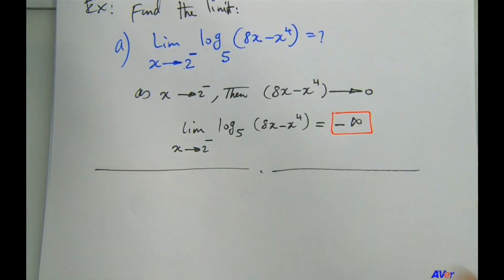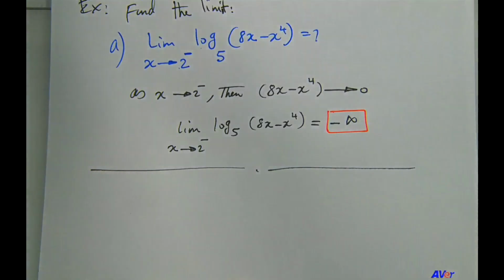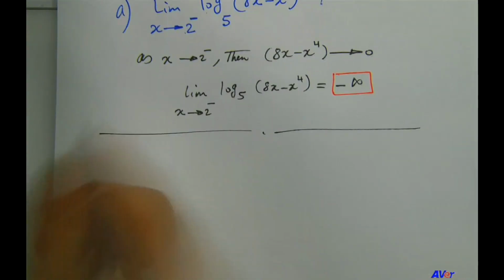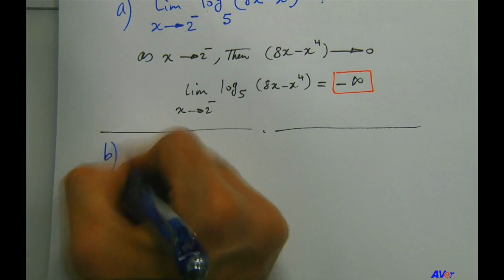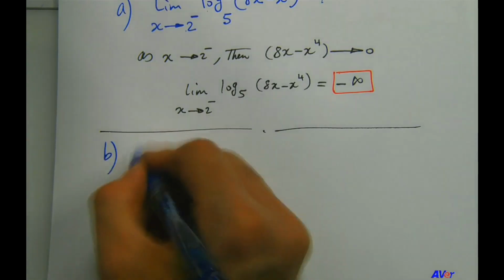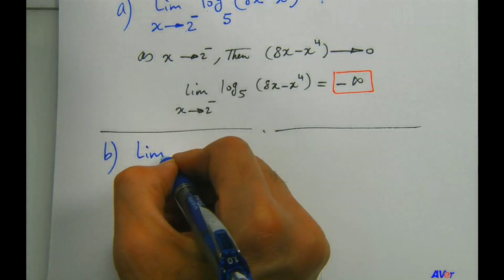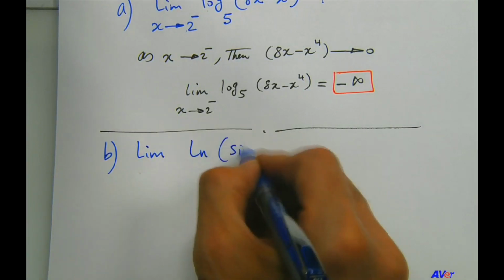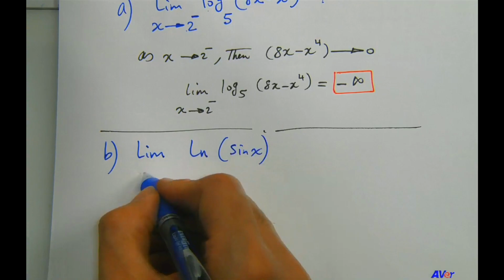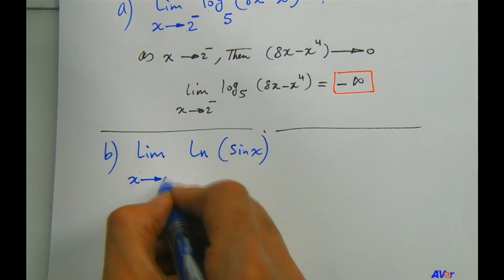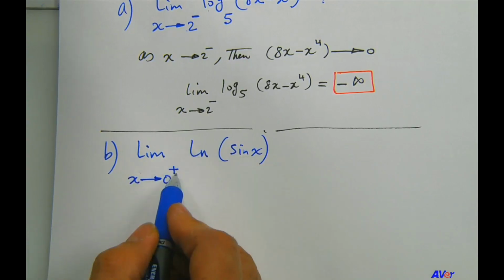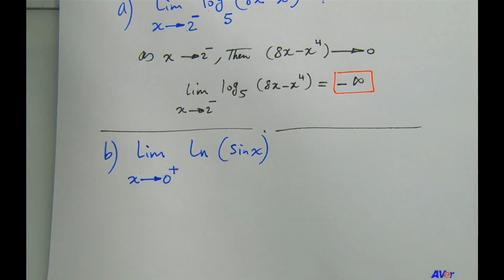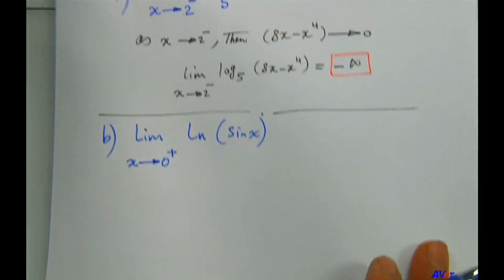Okay, let's do one more example. So we want to calculate the limit of natural log of sine of x as x approaches 0 from the right, from the positive side of the real number line.